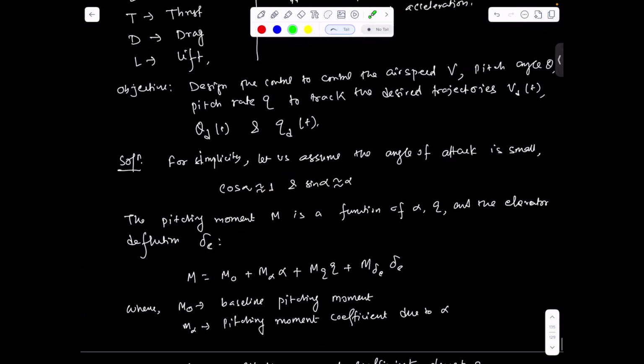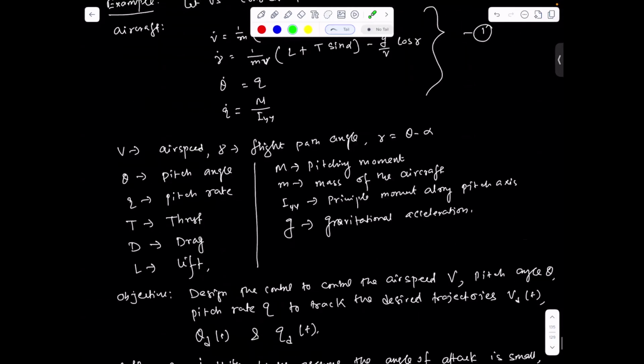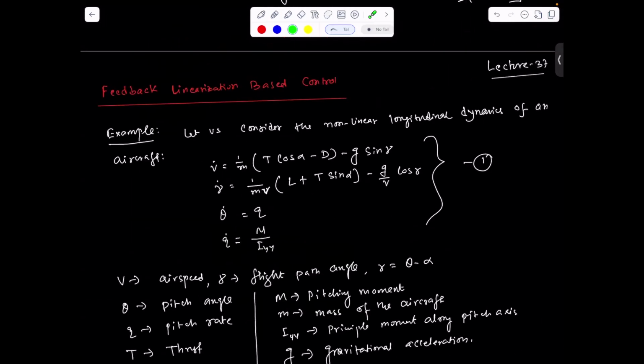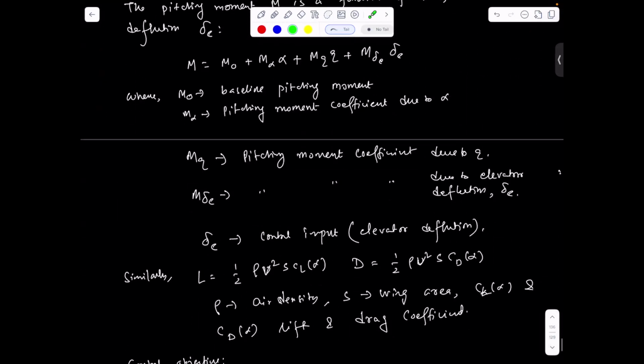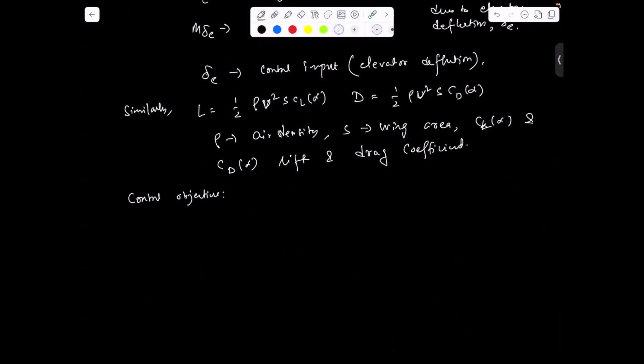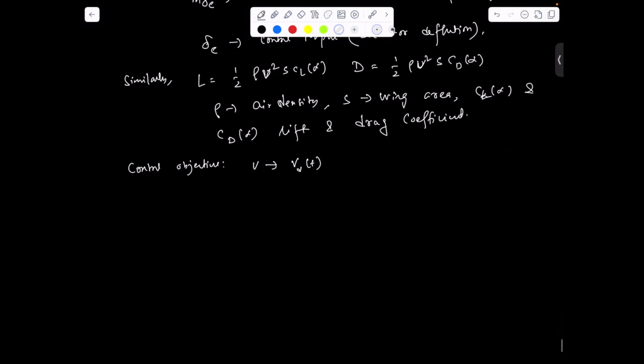And here we are going to use the input-output feedback linearization that we did in the last lecture. So here the control objective is V should track V desired velocity, theta should track theta desired, and Q should track Q desired.